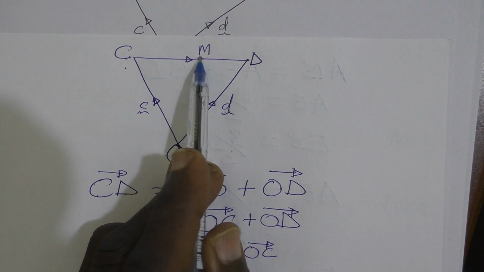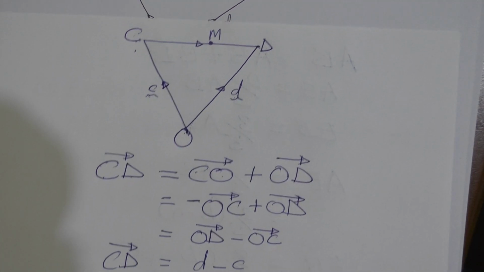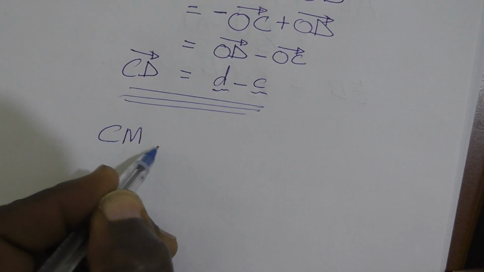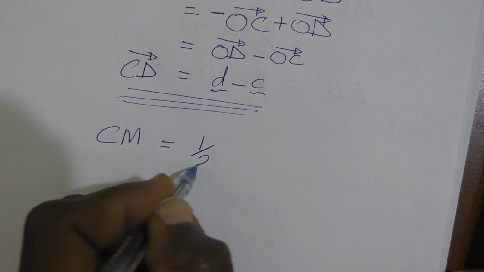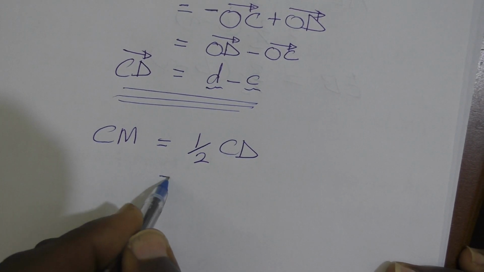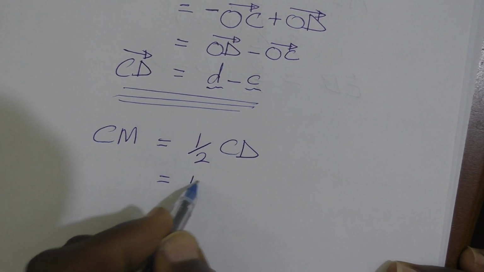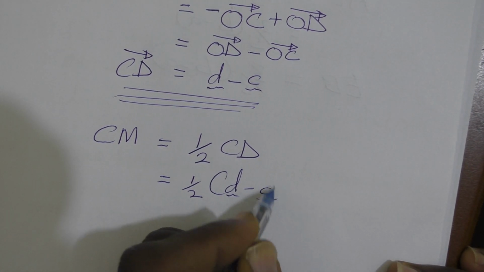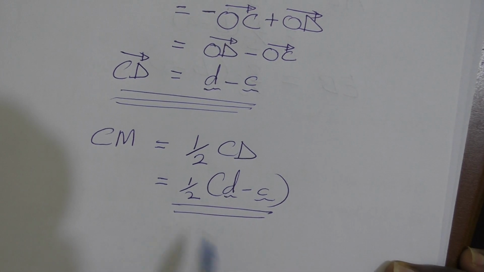CM equals MD, and therefore CM is a half of CD, which is simply equal to a half of D minus C. So that is how we get CM.